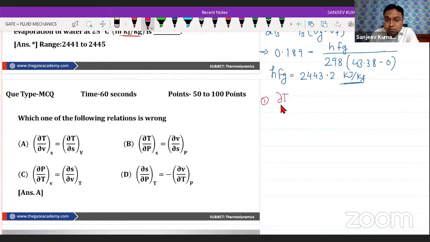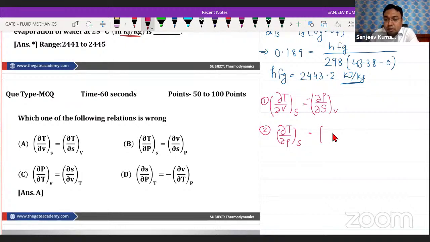I told you, TVS. Just remember this, TVS and TPS. So in the partial differentiation, put S inside and V outside, correct? Pressure is remaining, so pressure will come here, and a minus sign will come by TVS. Only if T and V are coming, then the minus sign will come. Then TPS.